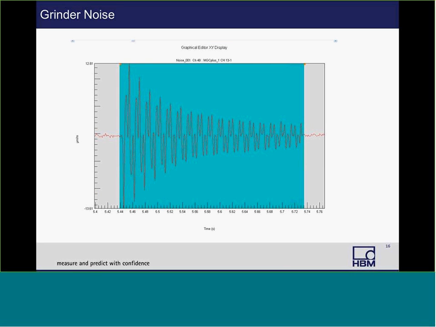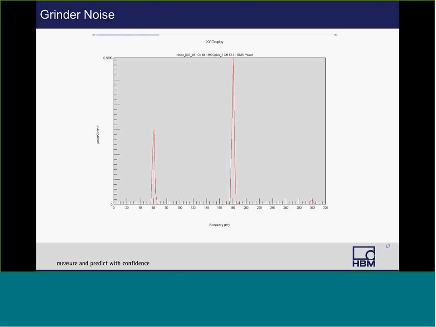So now this slide, this green area here, is a zoomed in section of one of those spikes created when I pulsed on the grinder. So for this next slide, we're going to look at the FFT of that. And as you can see, once again, there's a 60 hertz component, but then there's a very large 180 hertz.